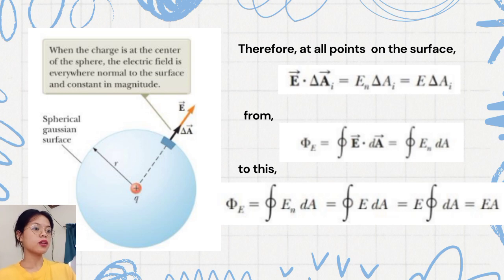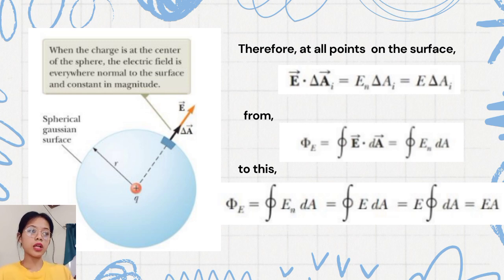Hence, the net flux through the surface is represented as the constant E times the surface area of the sphere, which equals kq, where q is the point charge at the center, divided by the radius squared, multiplied by 4 pi radius squared, the surface area of a sphere.